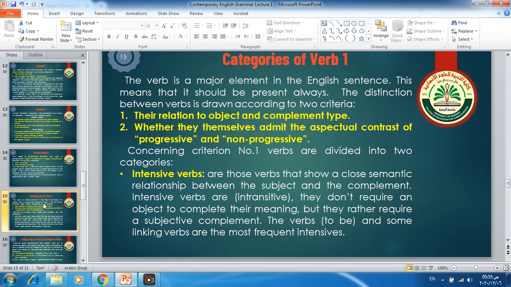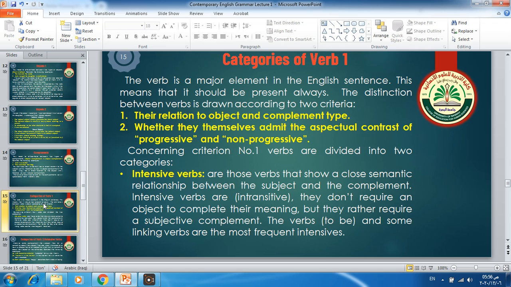Now we will speak about these two criteria and the categories of the verbs under each one of them. Concerning criterion number 1, verbs are divided into two categories: intensive and extensive verbs. So these are the two categories of the verbs under criterion number 1, which is the relationship to object and complement type.